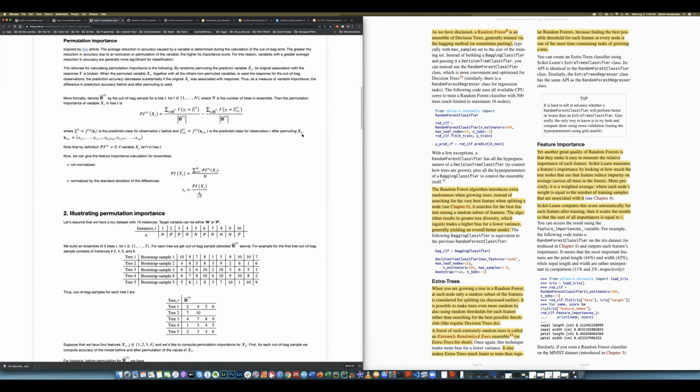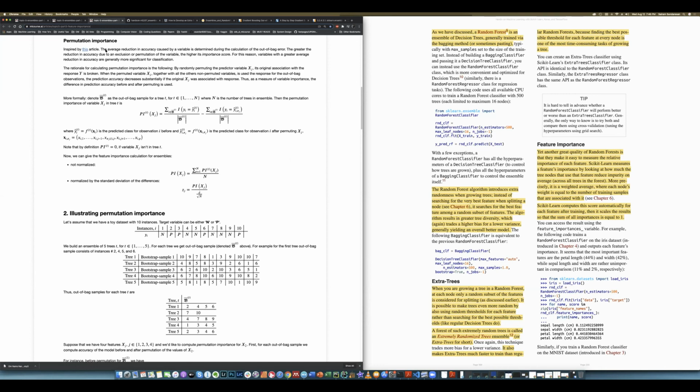That's called permutation importance. It's much easier to understand than Gini importance, and it's also a better measure of importance, because Gini importance is subject to bias when you are overfitting.